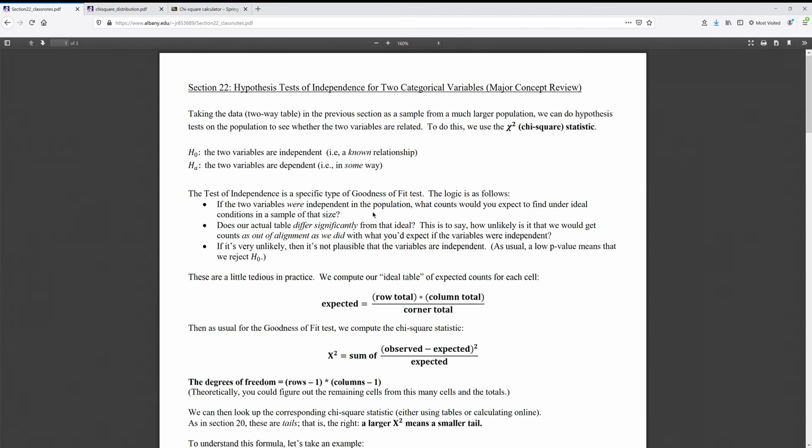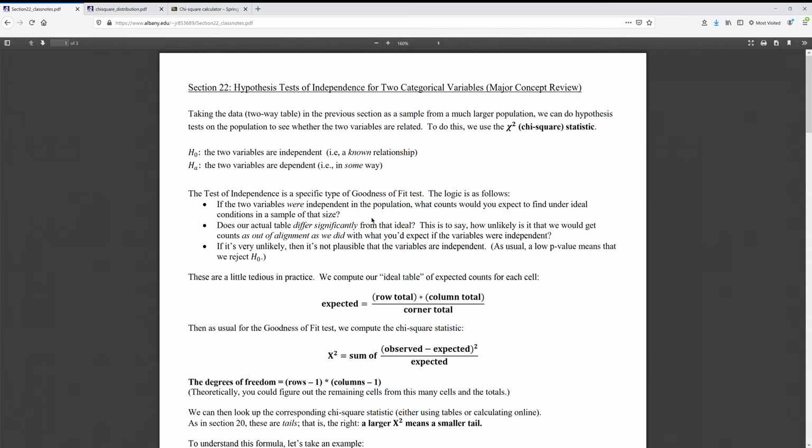Well, then if you picked 500 men and 500 women, you'd expect 10% of the men to be left-handed and 10% of the women to be left-handed. 50, 450, 50, 450. That is how that would play out for a sample of that size if the variables were independent and if your sample happened to land dead center.